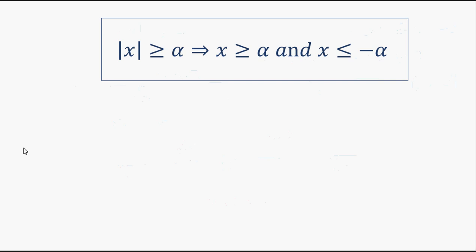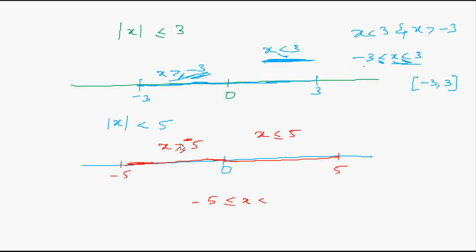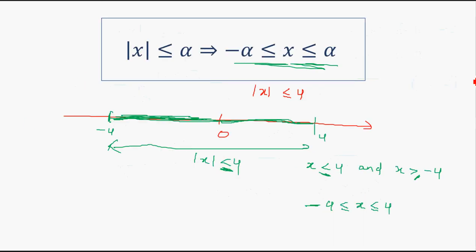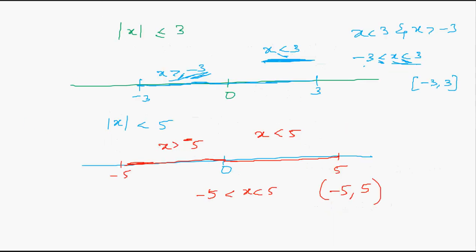Here there is no equality. In the earlier case it was equal. In this case there is no equality, that is x cannot be 5, it is less than 5. So 4.999 is there but 5 is not there. That's what equality means. So here x is greater than minus 5 and x is less than 5, and x is not 5 and minus 5. So I can write minus 5 less than x less than 5, and this is represented not in closed bracket, it is represented in open bracket. What these are we'll discuss in the next topic, but just for understanding, you can feel it.